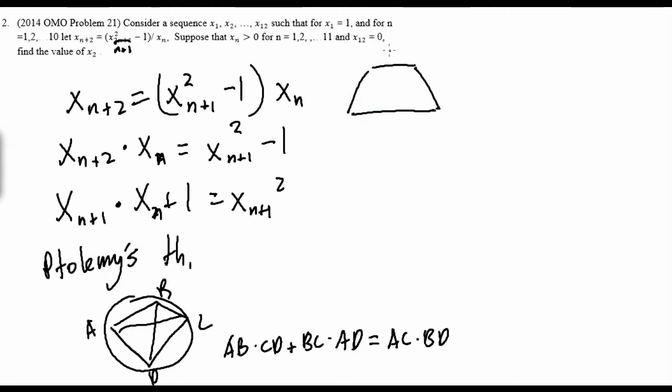So this AB would be x_{n+1}, and this would be x_n, and the other would be x_{n+2}. Wow, I wrote this equation out wrong. And these are the diagonals.